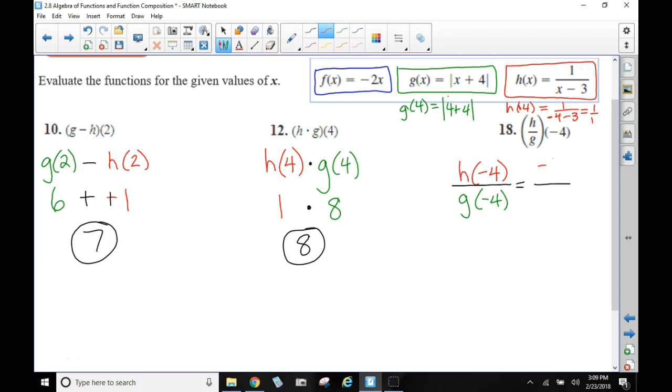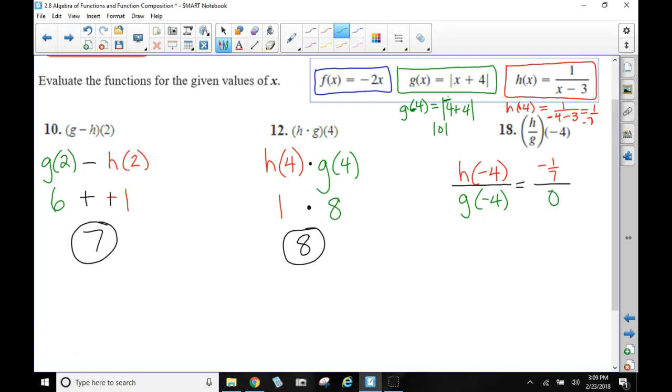That's going to come out to be negative 1/7, because that's negative 7 down there. And g evaluated at negative 4 is the absolute value of negative 4 plus 4. Well, that's going to be the absolute value of 0, which is 0.